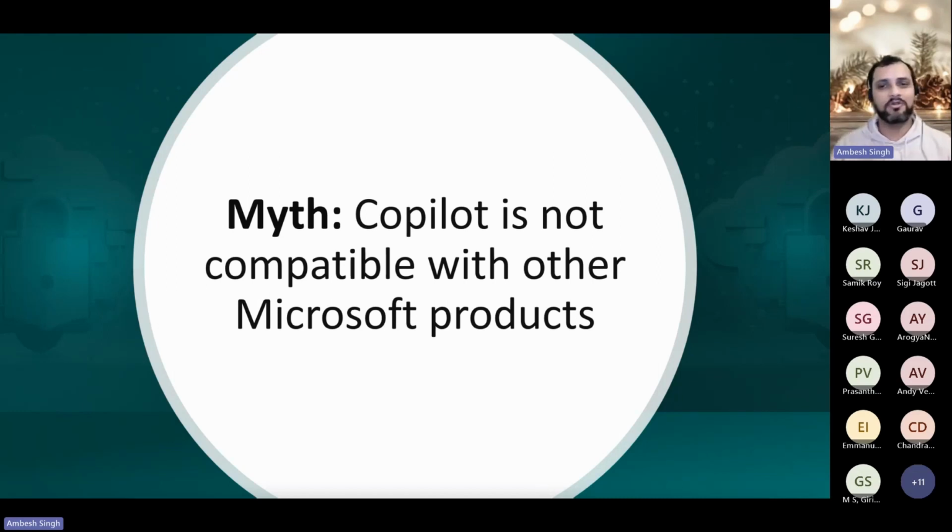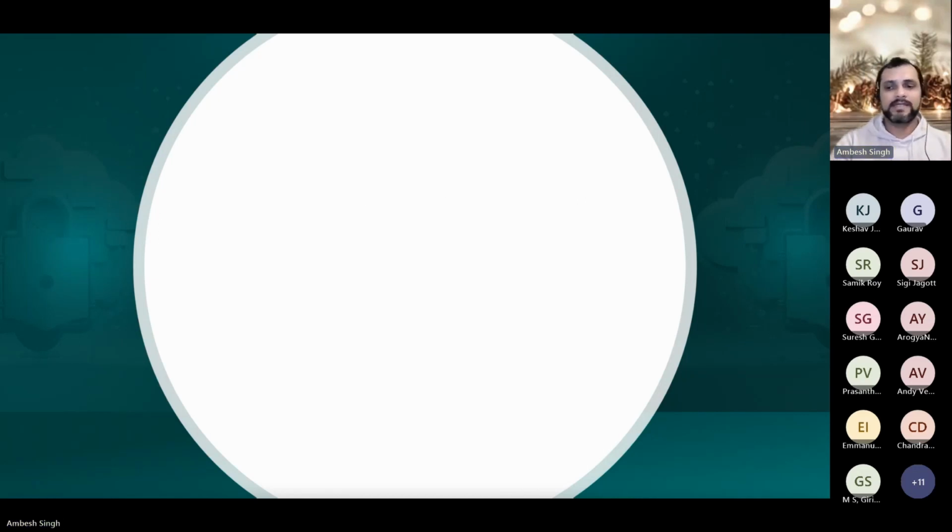So there is a lot of confusion here, but at the end of the day, Copilot is now everywhere, in your Windows, your browsers, any of the products. Copilot is an integral part of that. It depends on which product you are using. Are you going to use Copilot for Microsoft 365, or the Microsoft Copilot? Are you going to use Microsoft Copilot Studio and build bots there? It depends, but it exists and it's compatible with other Microsoft products as well.